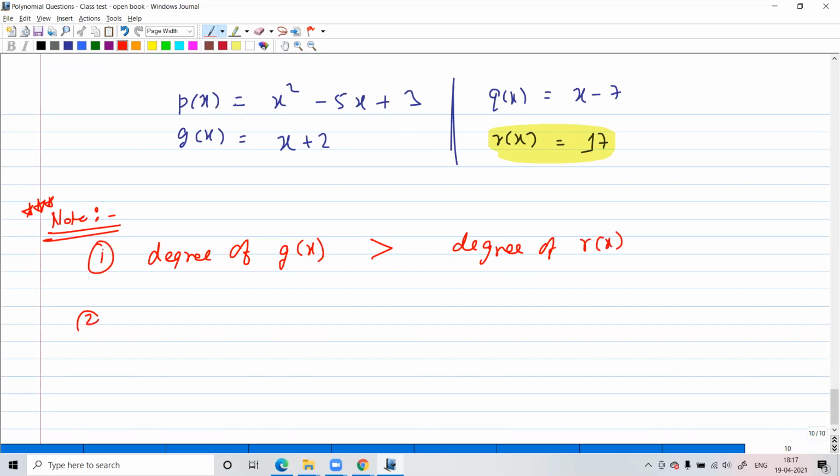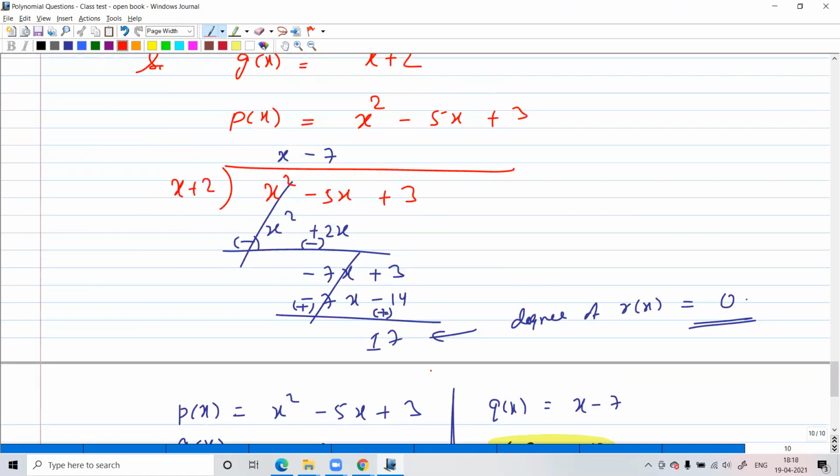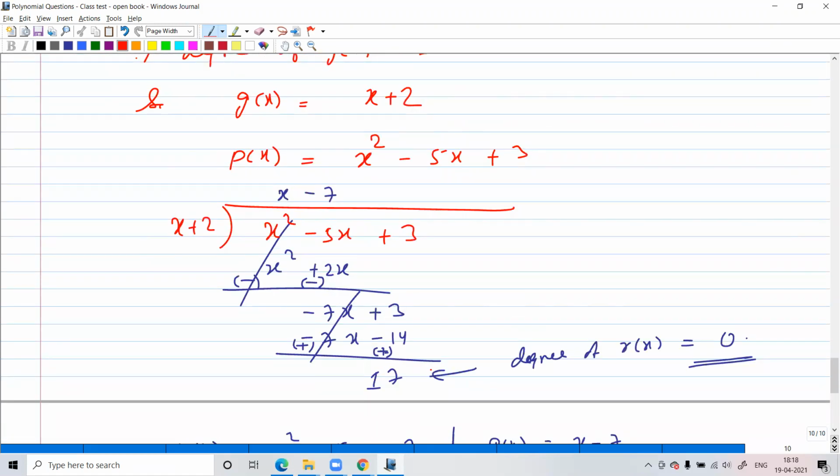First rule. You should also understand that the degree of g(x) plus the degree of the quotient will be equal to the degree of, can anyone tell me? The degree of g(x), when you add it to the degree of q(x), what should it be equal to? It should be equal to the degree of what?